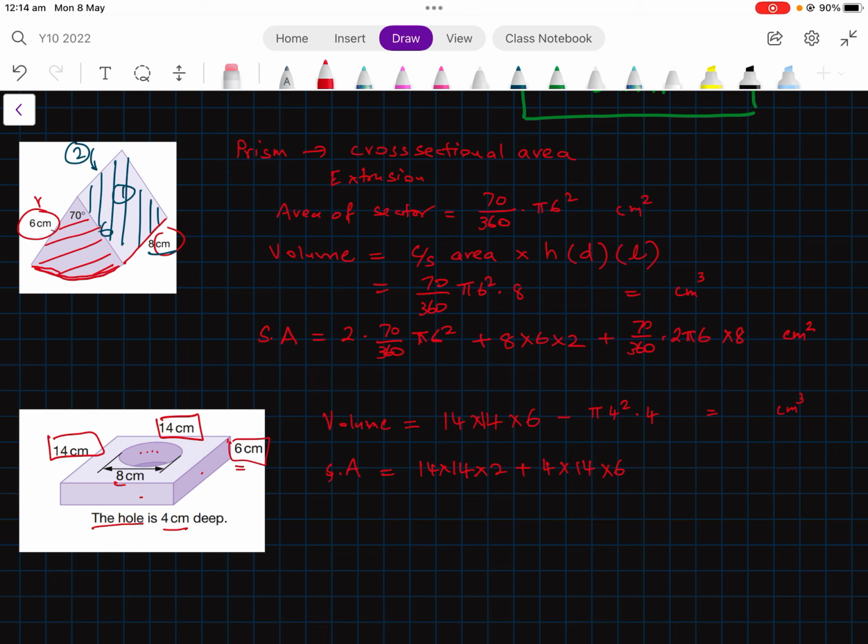I have to account for this hole. Now, since I didn't take away the circle from the top, I have to account for the circle at the bottom. So that will be compensated over here. What I only have to account for is the curved surface. In this curved surface, like in the case of a cylinder, this is going to be the circumference of the circle, radius being 4. So 2 pi into 4.